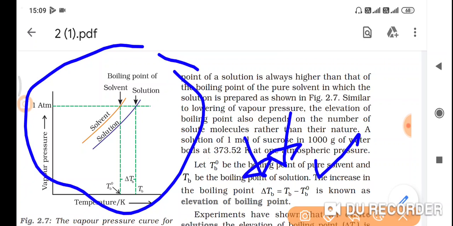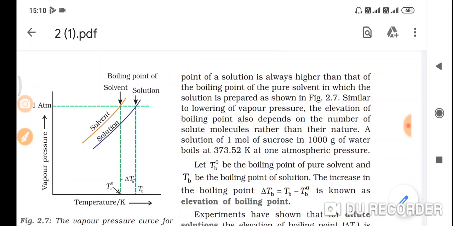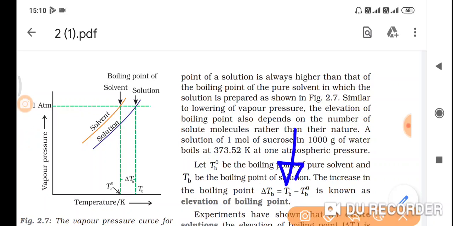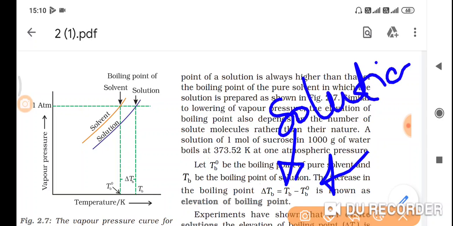Tb is the boiling point of the solution, and Tb naught is the boiling point of pure water. This one is for the solution, and this one is pure water.